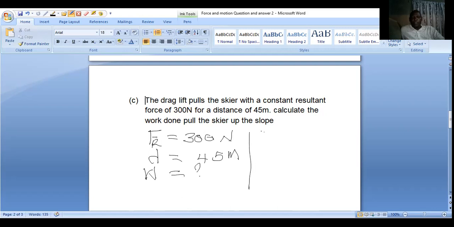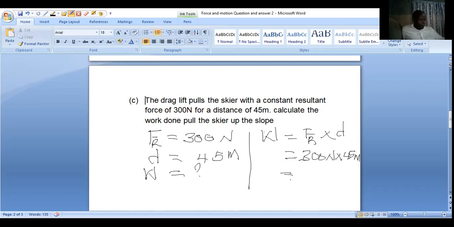We are aware that work is equal to force multiplied by distance. And so our force here will be the resultant force, which is equal to 300 newtons, multiplied by the distance, which is 45 meters.